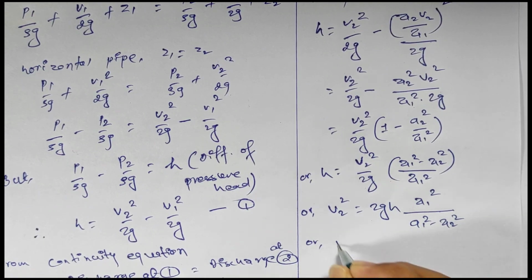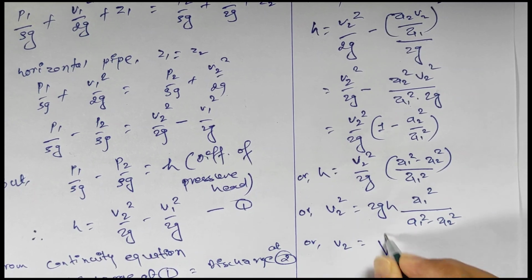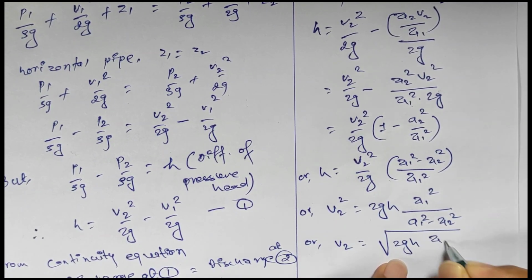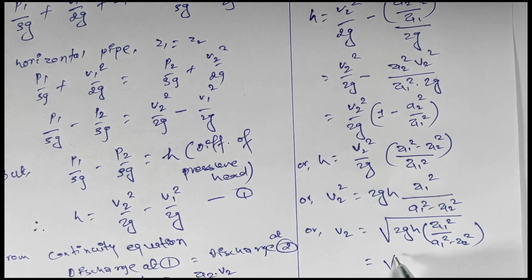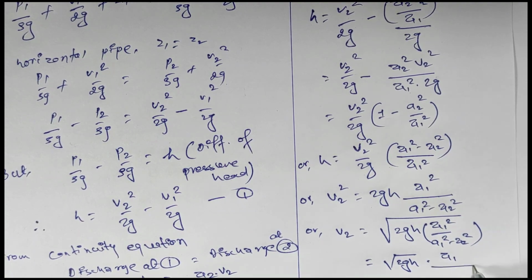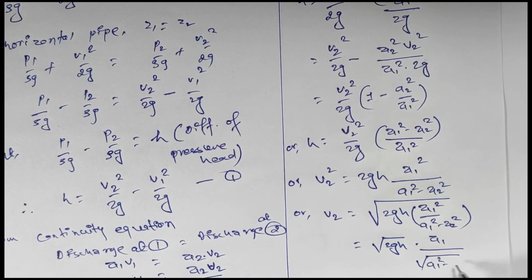Or the value of V2 will be the square root of the whole term, 2gH A1 square by A1 square minus A2 square. So, root 2gH, the square of A1 and the root cancel out, then A1 comes outside, then remains root A1 square minus A2 square.